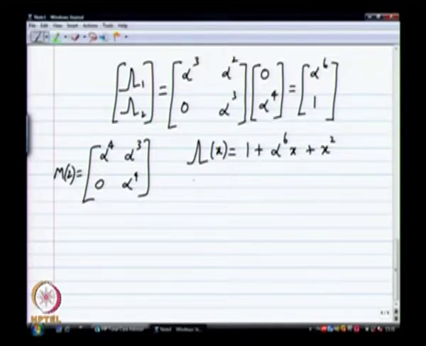You can check that the roots will be alpha power 3 and alpha power 4. Okay. So, if you want, you can check this, they have to be the roots according to our computation. Roots are this. Then the error locations will be inverses of this, which will also be the same.